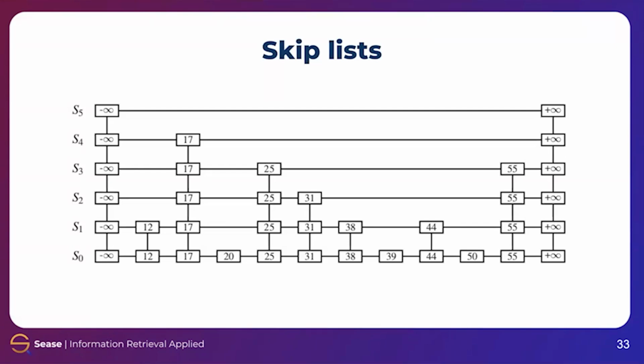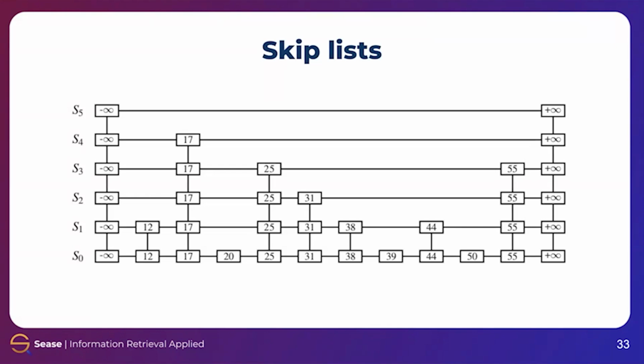So I don't find it on S5, so I go to S4. Let's say I want to find 40. Okay, I go to 17. 17 on this top left has plus infinity, so it's greater than 40, so I go down.